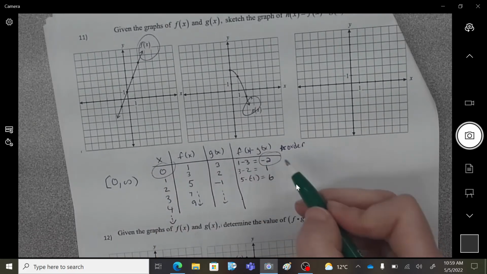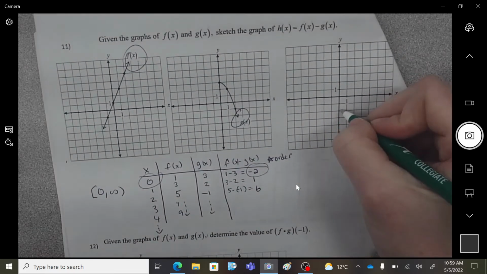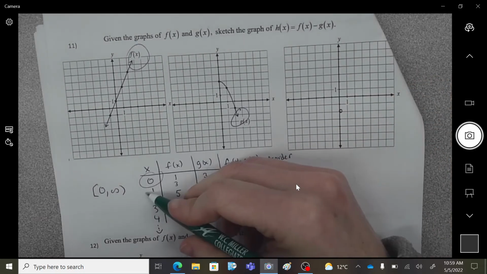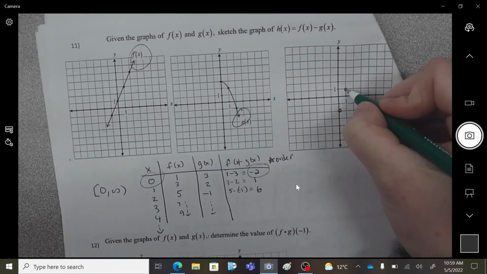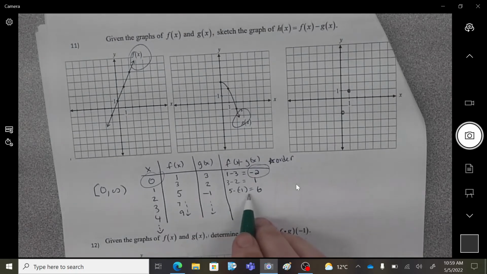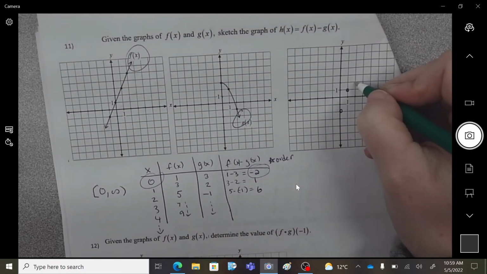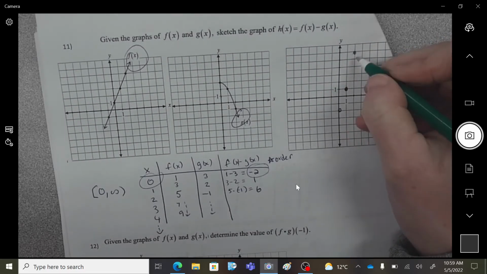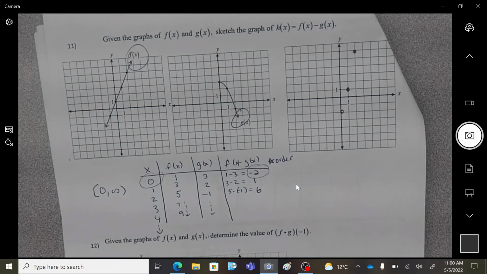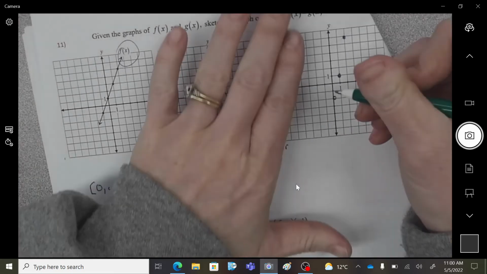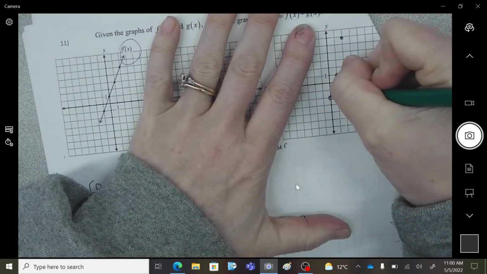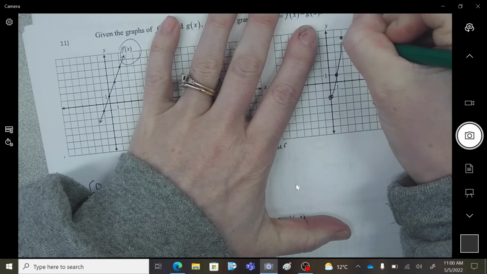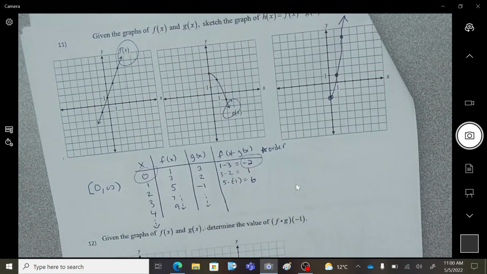So here's my coordinates. So 0, -2, 1 comma 1, 2 comma 6, okay, so the shape is going to have an arrow continuing to the right.